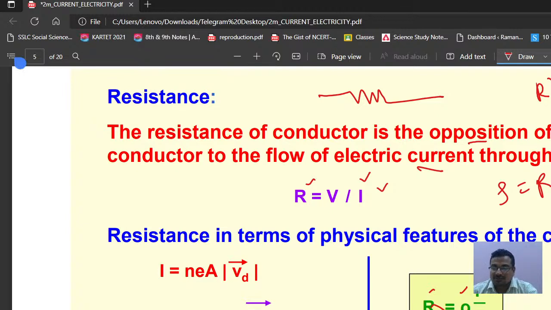It is represented by the symbol read as rho. Resistivity is the resistance of a conductor of unit length and unit area. That is called resistivity. Resistivity does not depend upon length and area, but resistance depends upon length, area, temperature and nature of material.